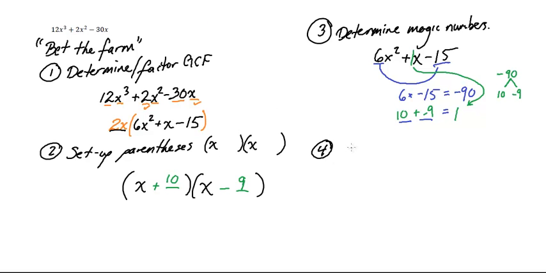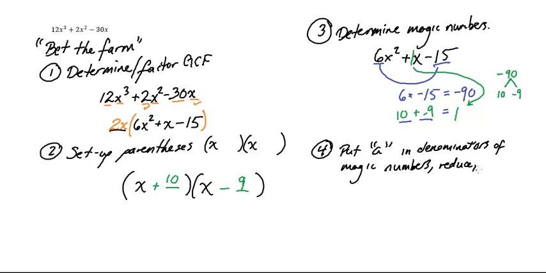And then put a in denominators of magic numbers. Reduce and slide.